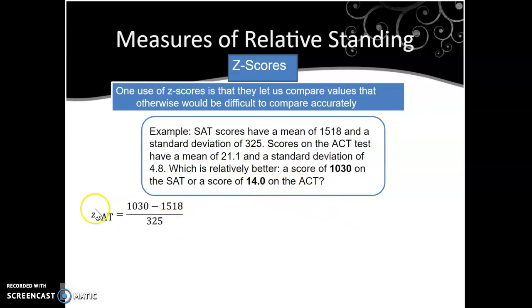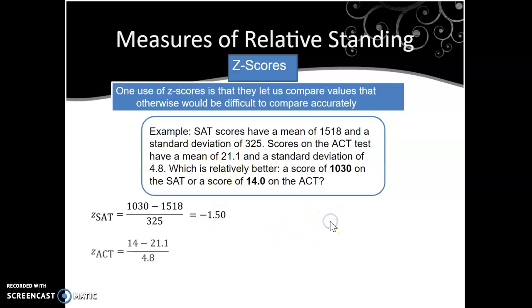So let's find the z-score for the 1030 on the SAT. We would do the data point, 1030, minus the mean, so minus 1580, and then divided by the standard deviation of 325. And we get negative 1.5. So this student's score is 1.5 standard deviations below the mean.